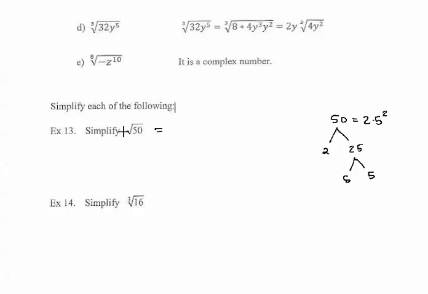And as you see here, we have a radical symbol with no index number written. That means we're dealing with the square root. The root number is automatically a 2. So if we have 2 of anything inside the radical, we can bring one of those factors outside the radical. So we have a 2 and then a 5 squared. This exponent here, the square, means that we have 2 5s.